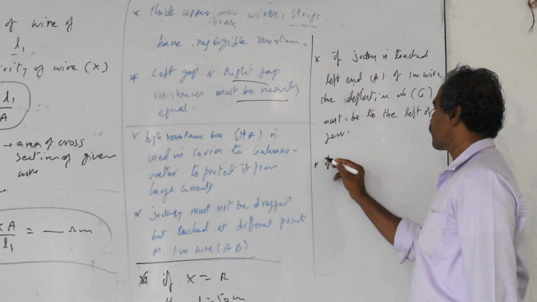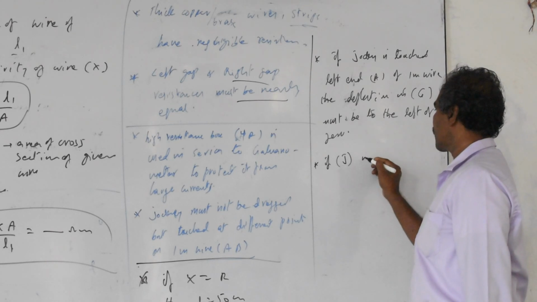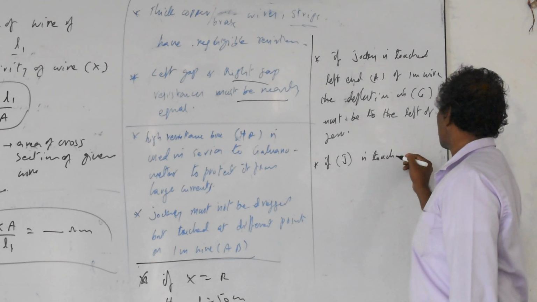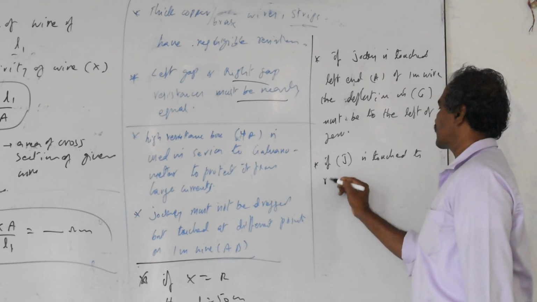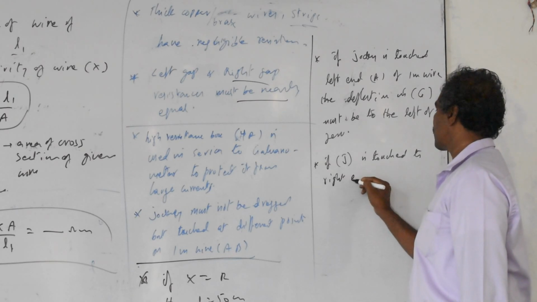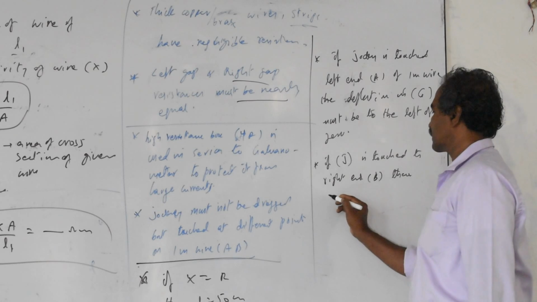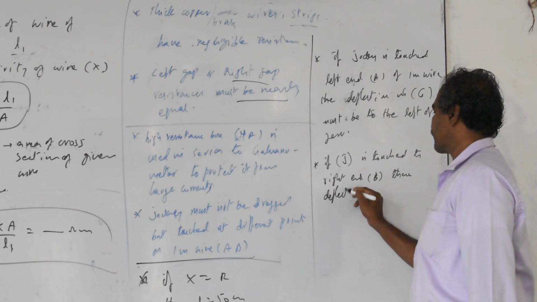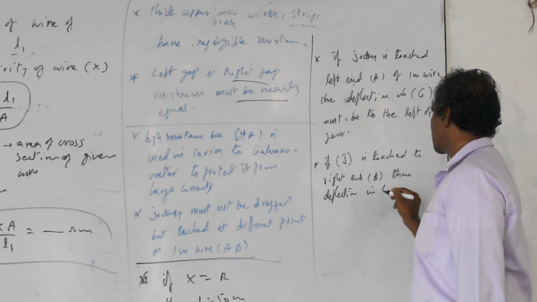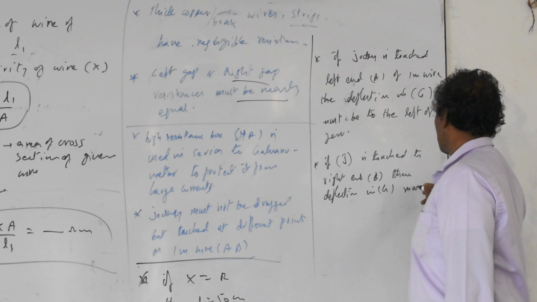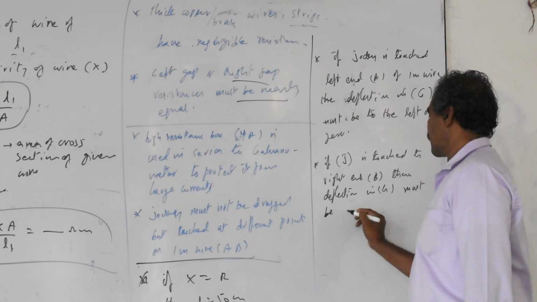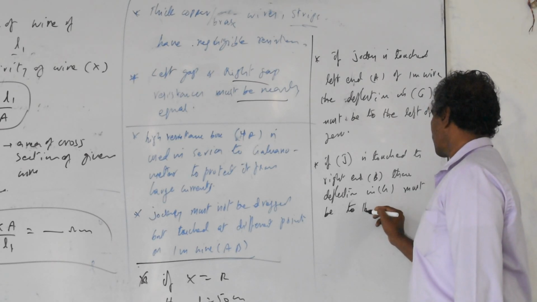Next, if the jockey J is touched to the right end B, then the deflection in G must be to the right.